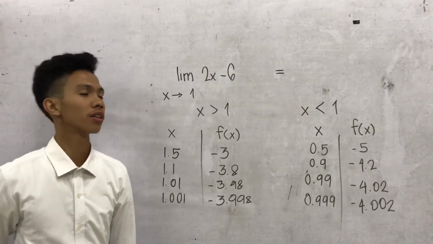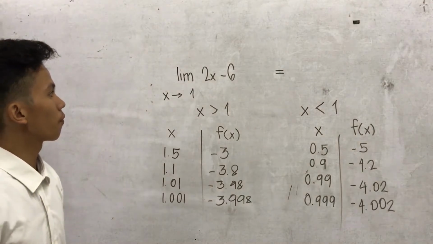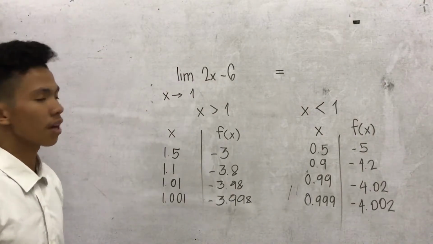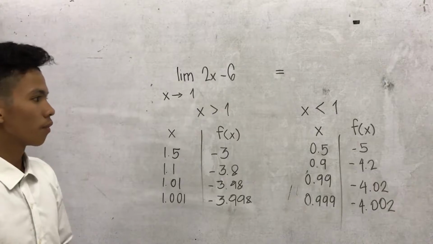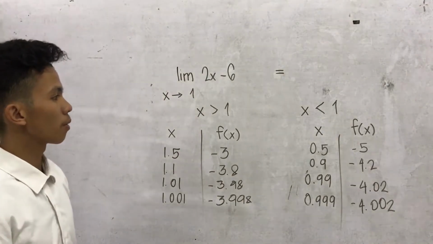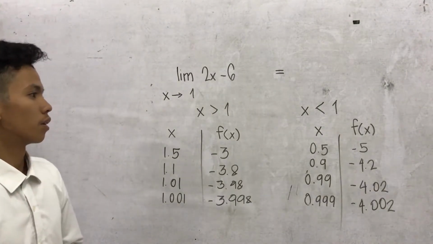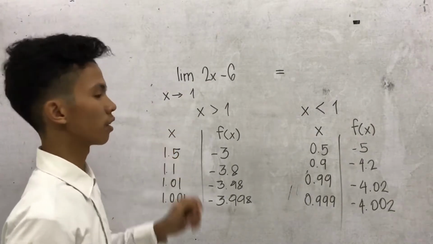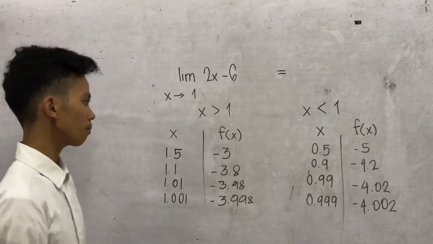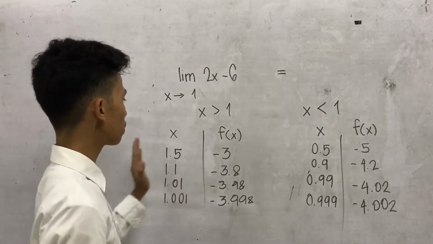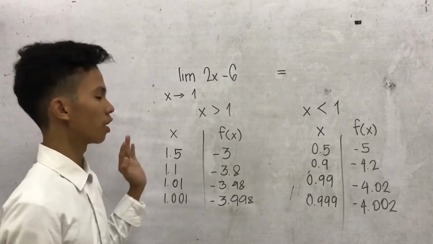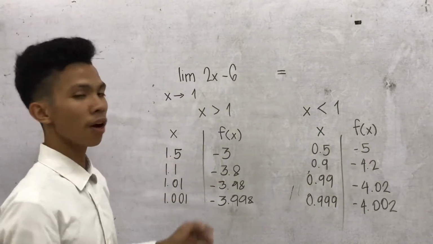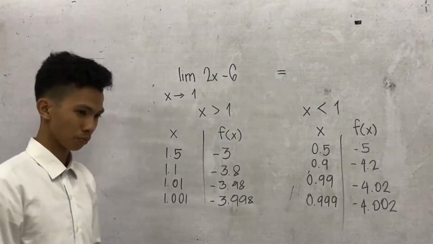Example number 3. Limit of 2x minus 6 as x approaches 1. First, we make two tables and label them with x greater than 1 and x less than 1. Then, label the left side with x and the right side with f of x in each table.